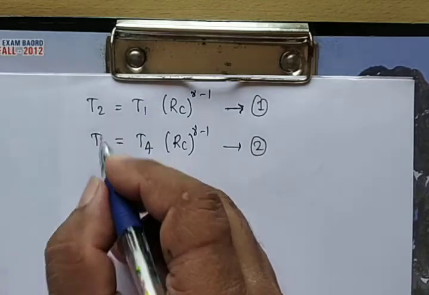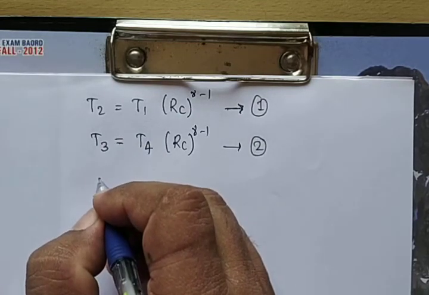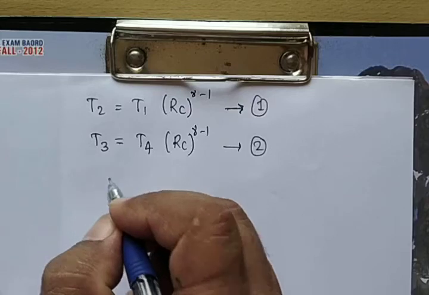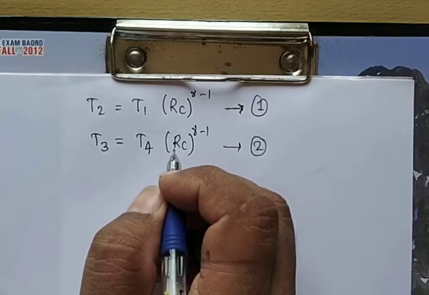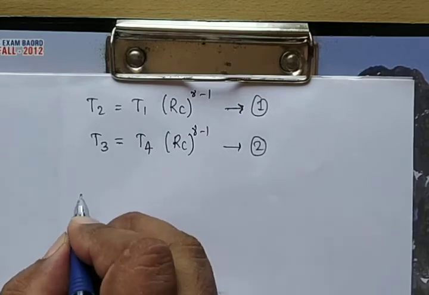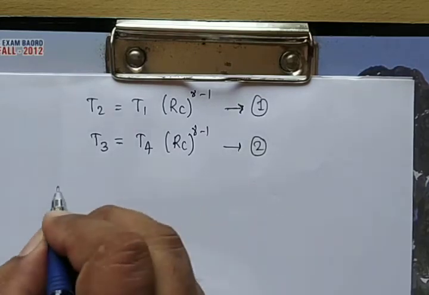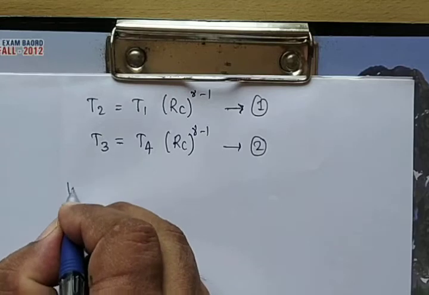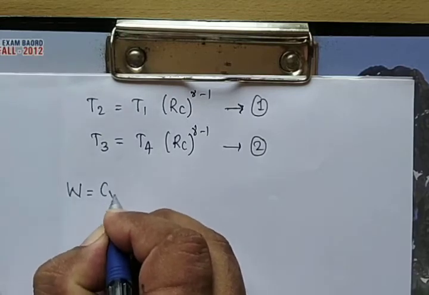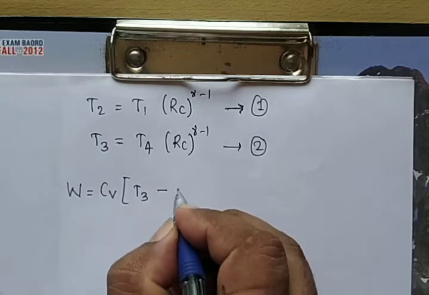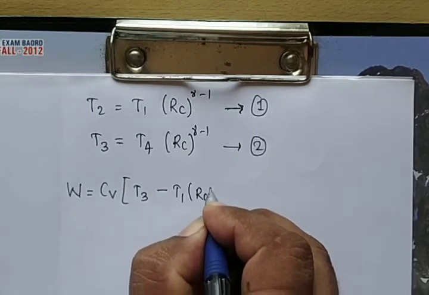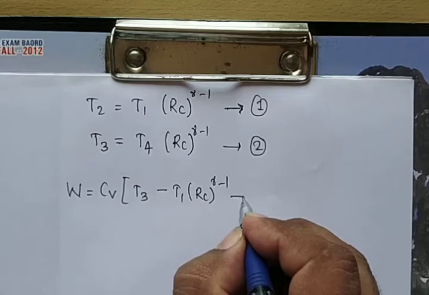Then substitute the values of T3, T4 in the equations. So we get, when we substitute the values, W will be equal to Cv into bracket T3 minus T1, T2 is T1 into rc to the power gamma minus 1, minus of T4.